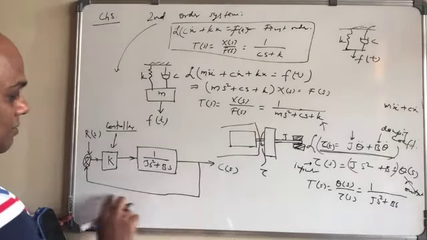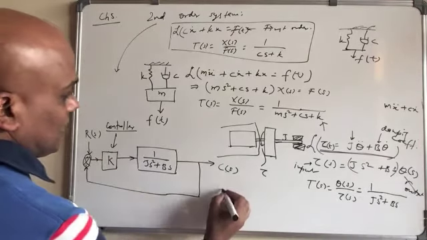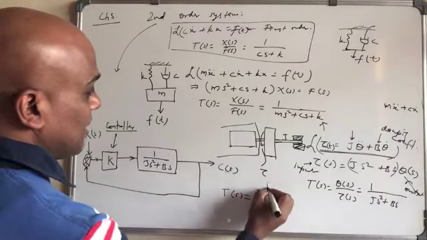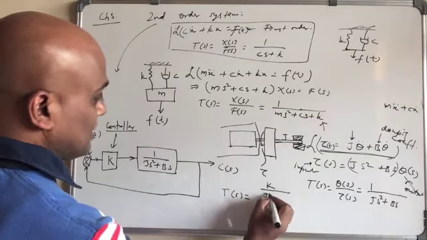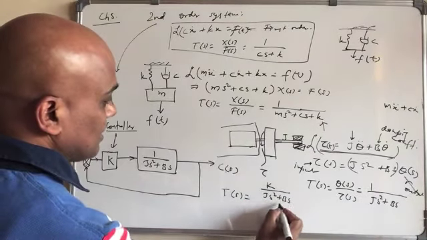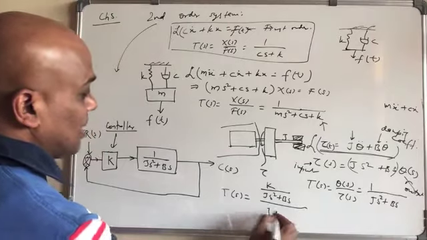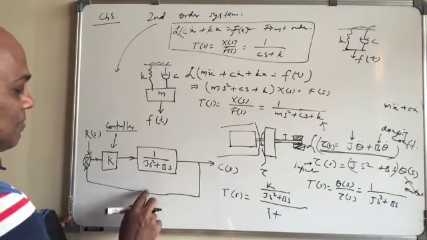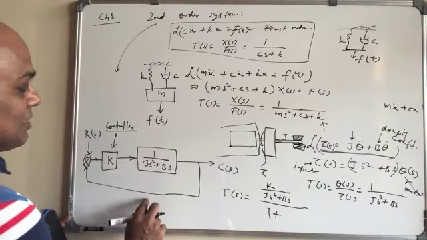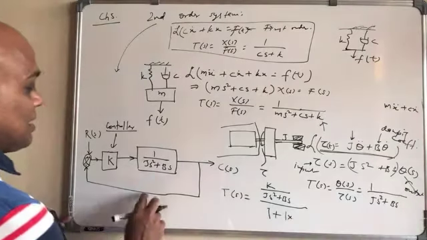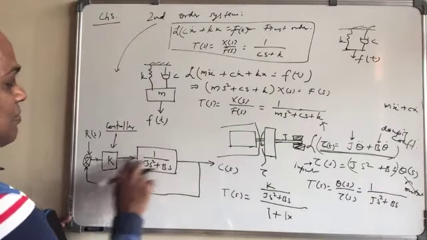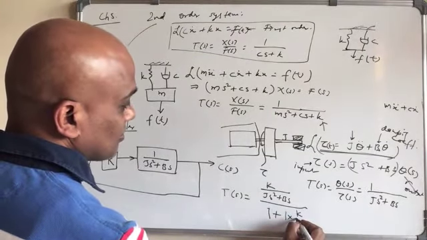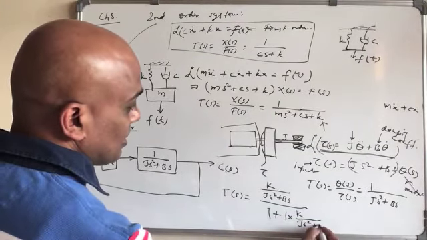The closed loop transfer function will be K over (Js square plus bs), divided by 1 plus the feedback transfer function, which is 1, multiplied by the feed forward transfer function K over (Js square plus bs).